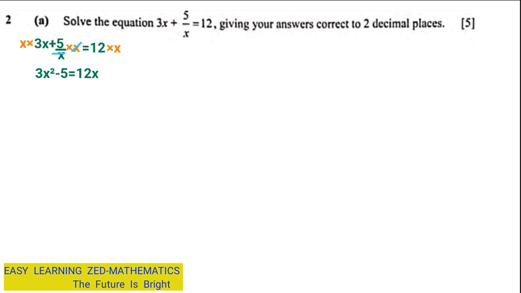Okay, then I'm going now at this stage to change this. I'm going to write this quadratic expression like the expression ax squared plus bx plus c is equal to 0.